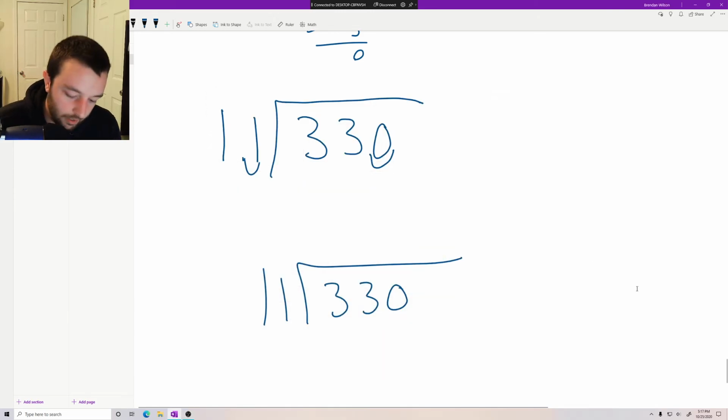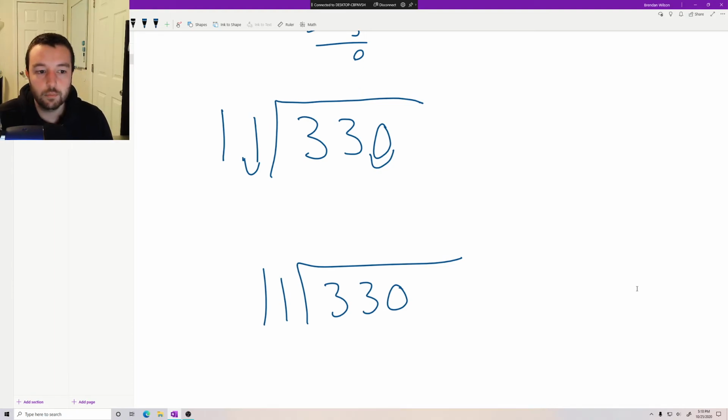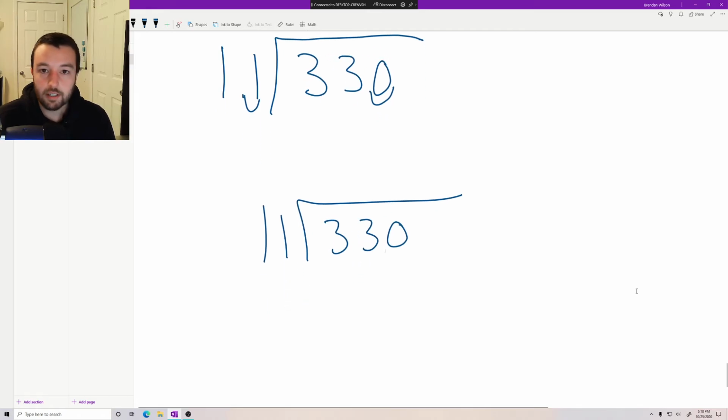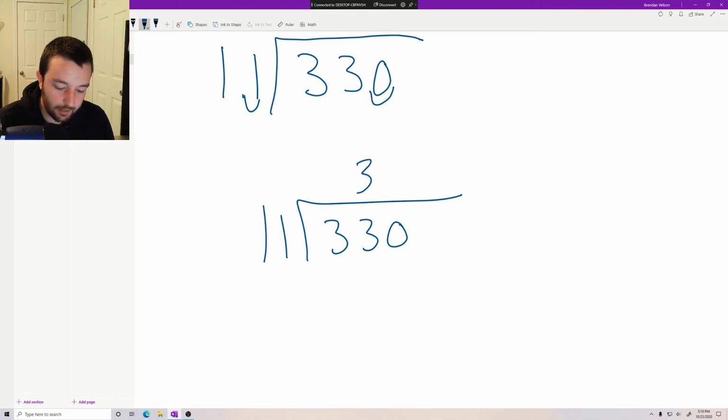Now we're just doing 330 divided by 11, so it's no different. Once you do this step, there's nothing different than what we were doing before with whole number division. We are going to have to keep it going and make sure that we do get a decimal as an answer, though. So 11 goes into 33 3 times.